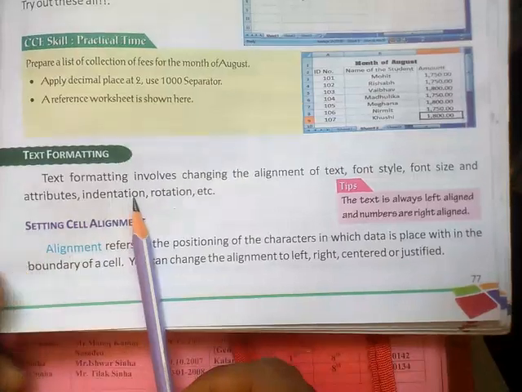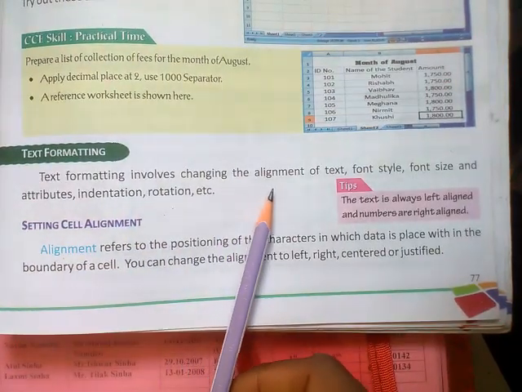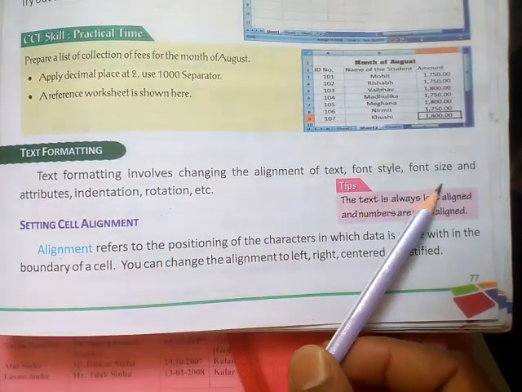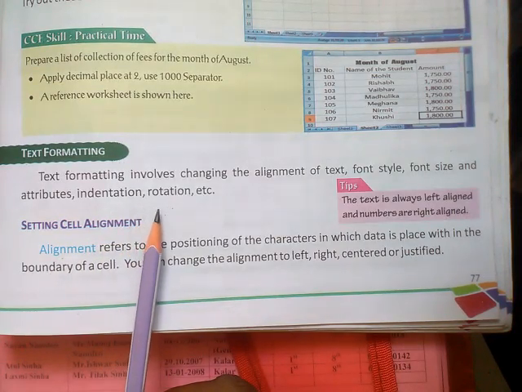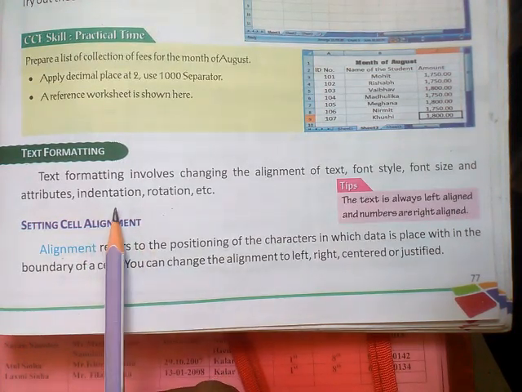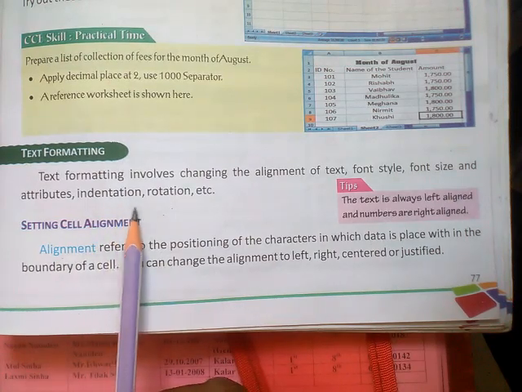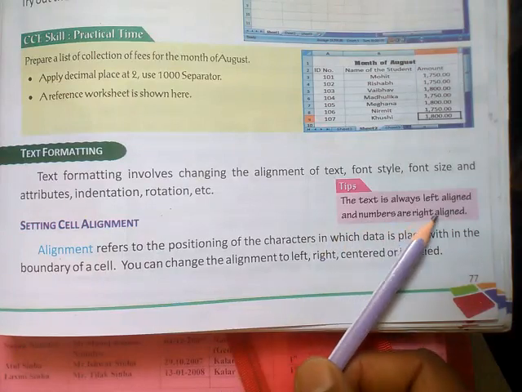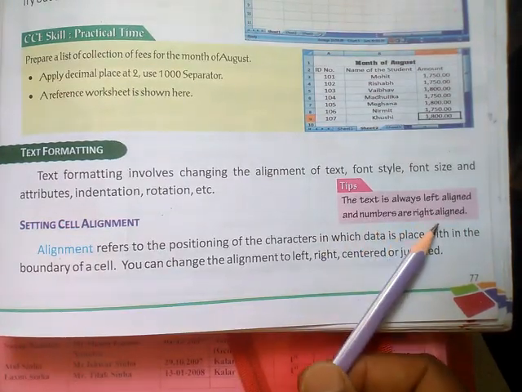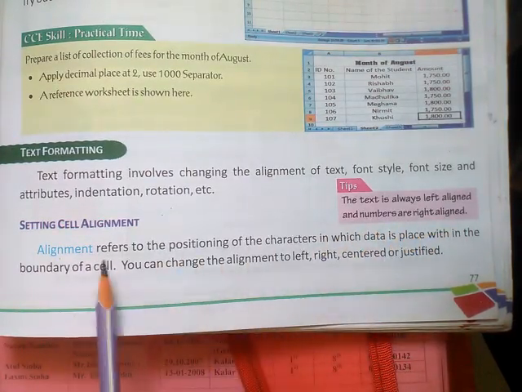Now text formatting. Text formatting involves changing the alignment of text, font style, font size, and attributes, indentation, rotation, etc. Tip: the text is always left aligned and numbers are right aligned.